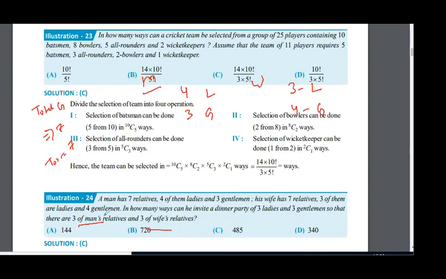Now, if this condition wouldn't be there, this question would have been easy, which is 7C3 into 7C3, the number of ways of selecting 3 men out of 7 men and the number of ways of selecting 3 women out of 7 women. But this is not the question, right, everyone? Yes or no? There's a condition also that 3 of them should be of man's relatives, and 3 of them should be of wife's relatives. Okay. Now tell me, what do you think?